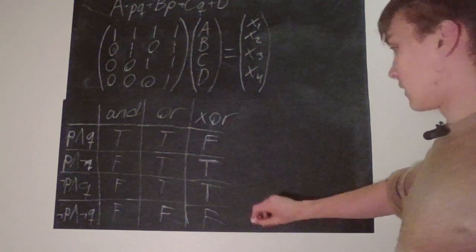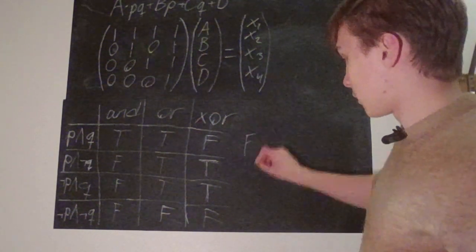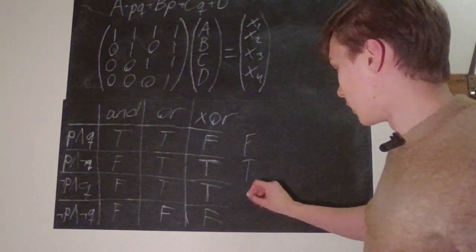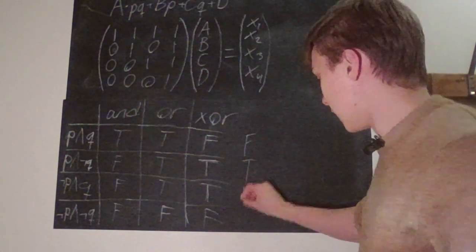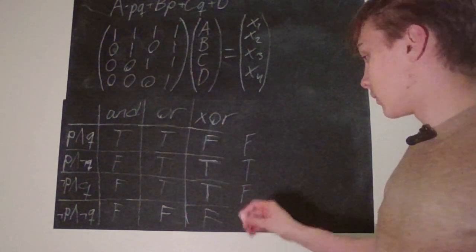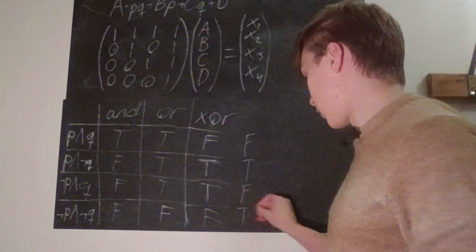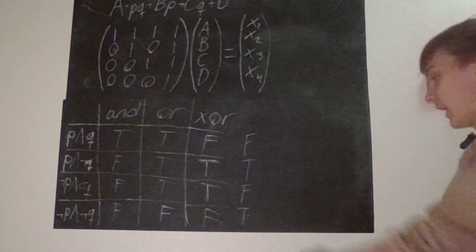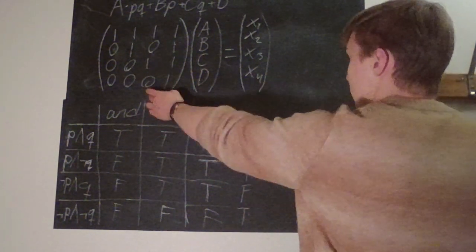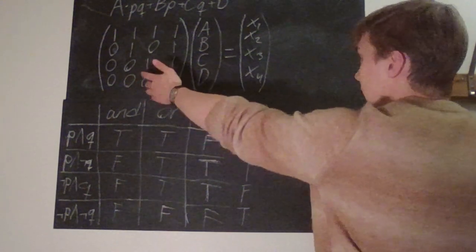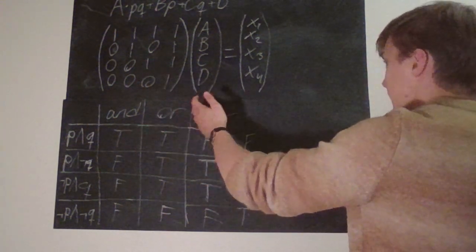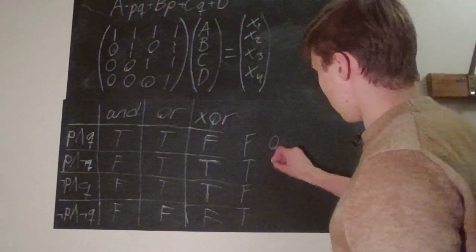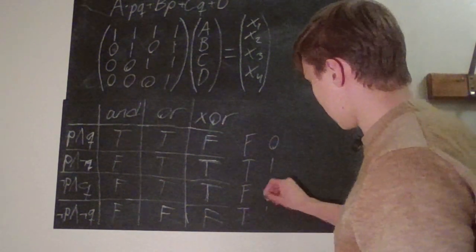We can make a function that is false when both are true, true when only one is true, true when p is true, false when only q is true, and true when both are false. And you can calculate this using just the inverse of this matrix times this, which then would be 0, 1, 0, 1.